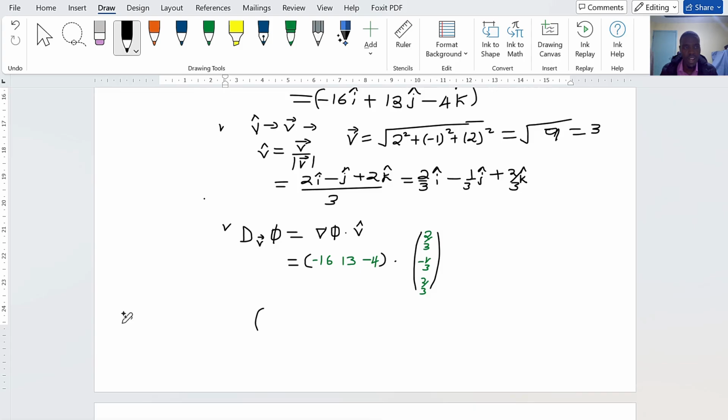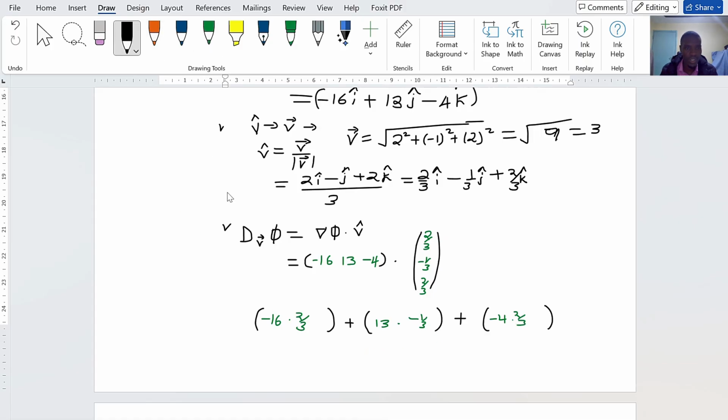Now what do we do in this case? You multiply x by x. Remember, the i's and j's disappear in the dot product, then y by y, and finally z by z. So let's do that: -16 times 2/3, and then 13 times -1/3, and then -4 times 2/3.